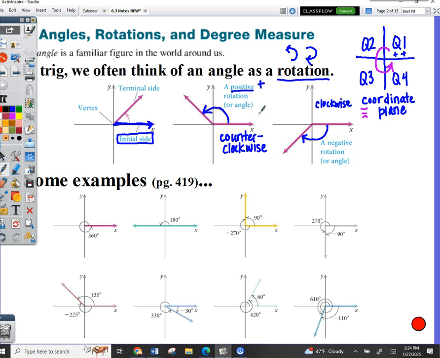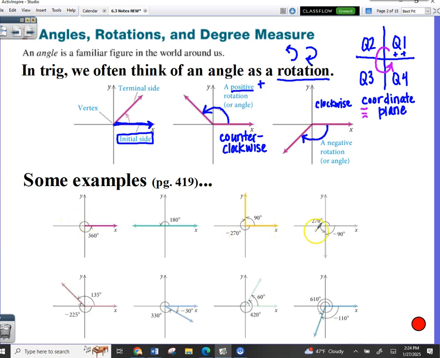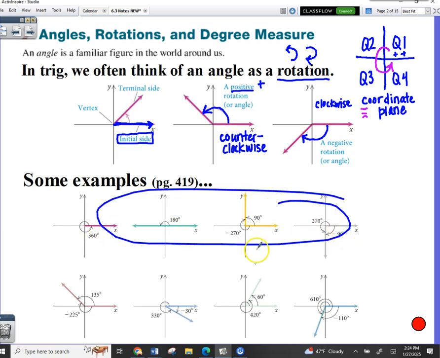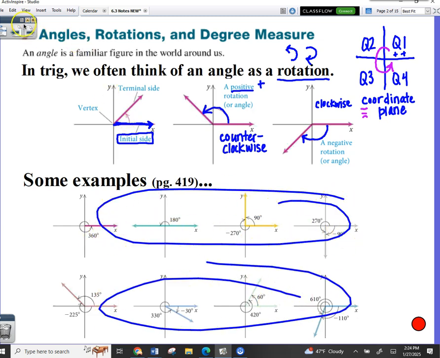Now, looking down at these examples, you'll notice that we have these examples up here and then these down here. What do you notice about these four compared to these four? What do you notice is different?